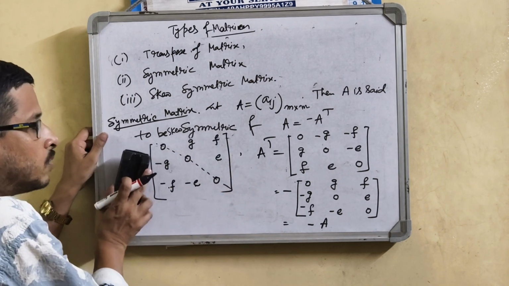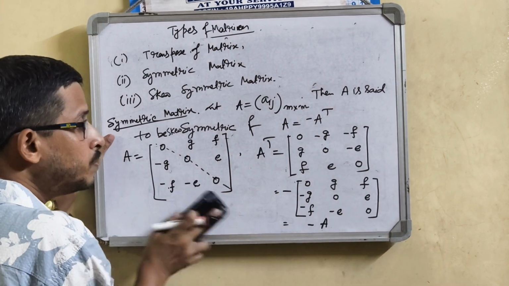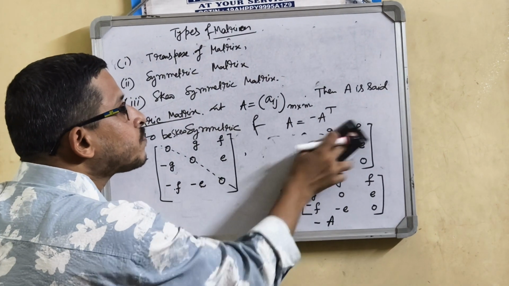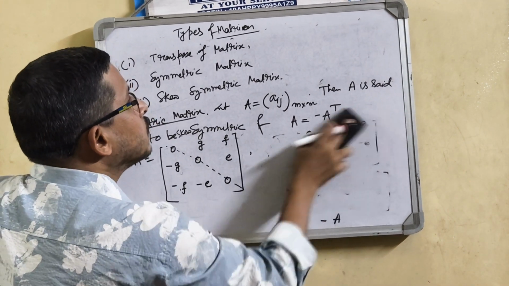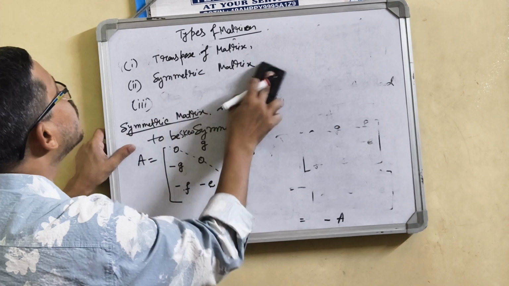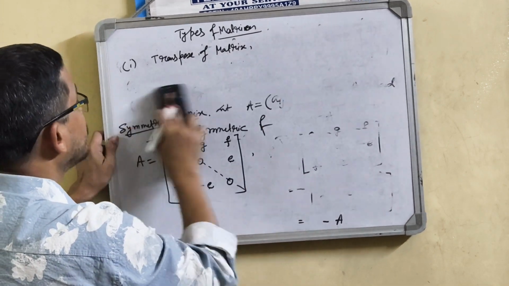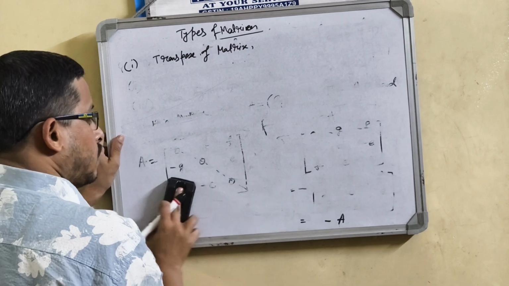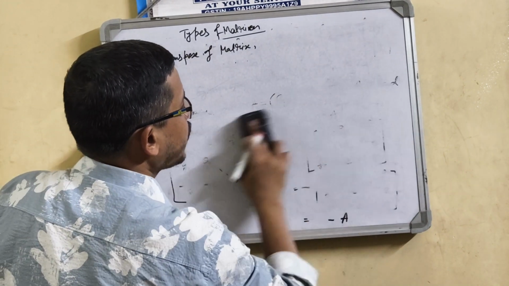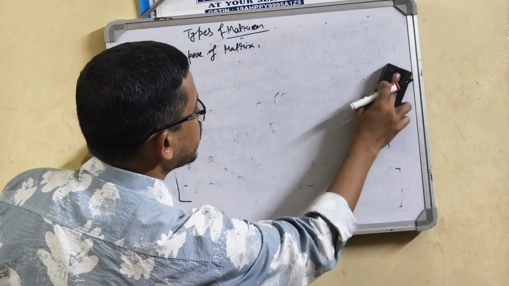Okay. Now I remove this part. Now one thing we have to share with you: what is the diagonal matrix and what is the identity matrix.